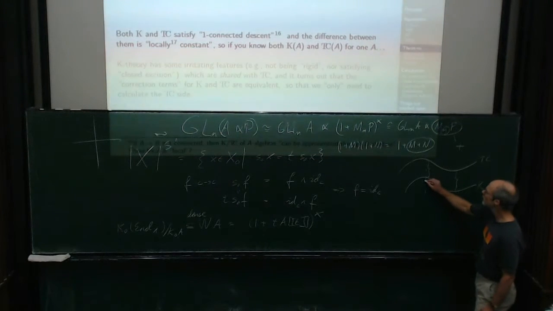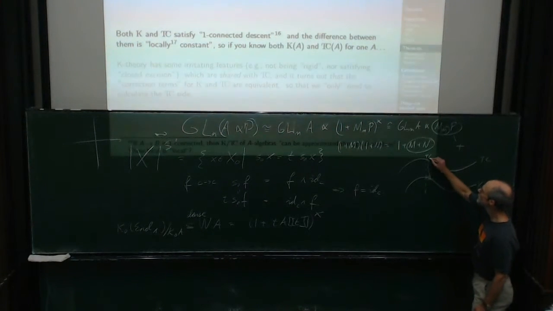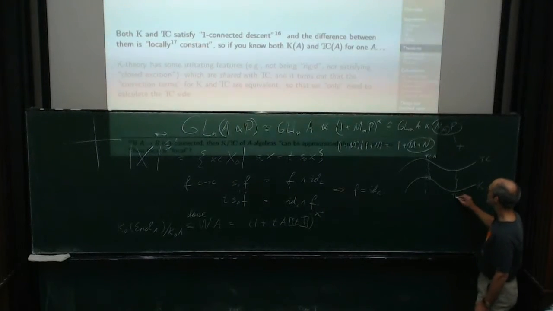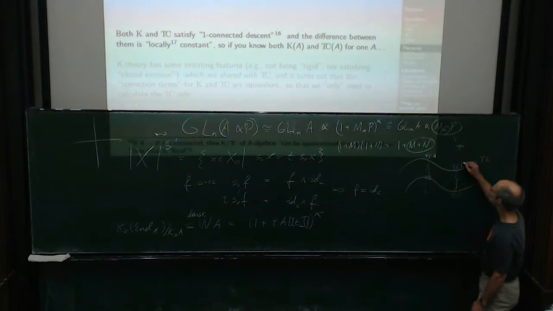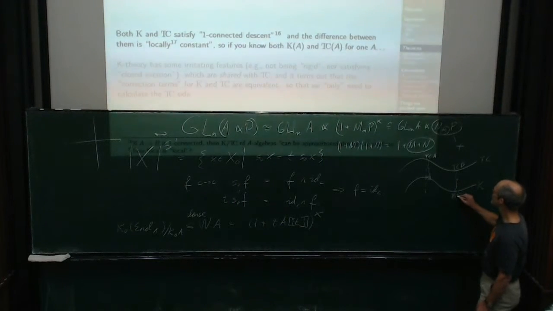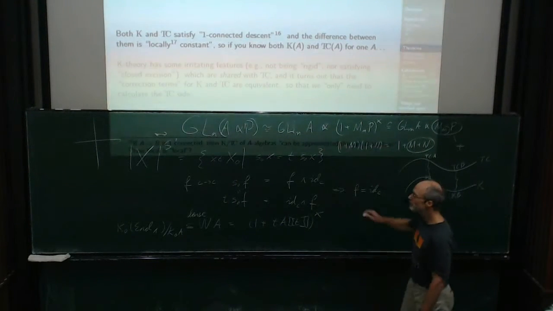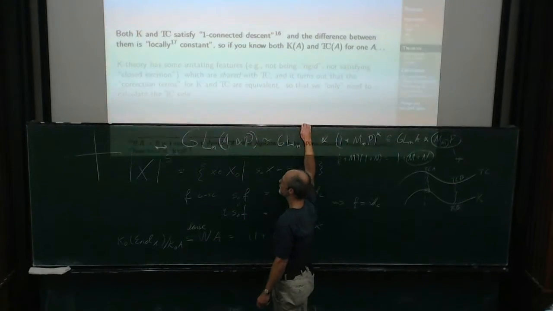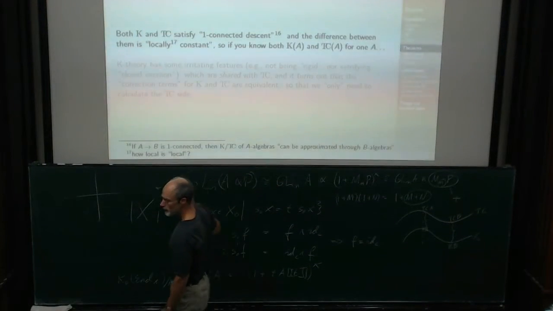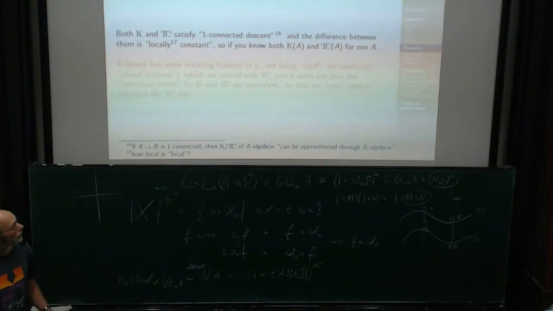So if you know K-theory of A here, you know TC of A here, and you know TC of B there, then you know pretty much K-theory of B here. So it's very, very good to be able to calculate topological cyclic homology.